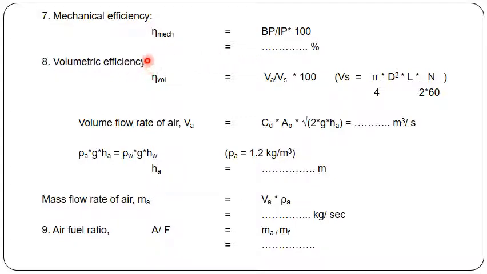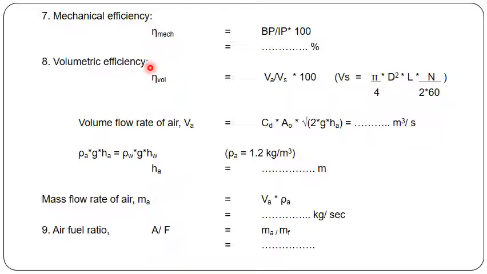Another important parameter is the volumetric efficiency. Generally, we talk about the capacity of the engine in cc, like suppose you have a 100 cc engine, and based on that we say that the higher the capacity of the engine, the higher will be the power output.